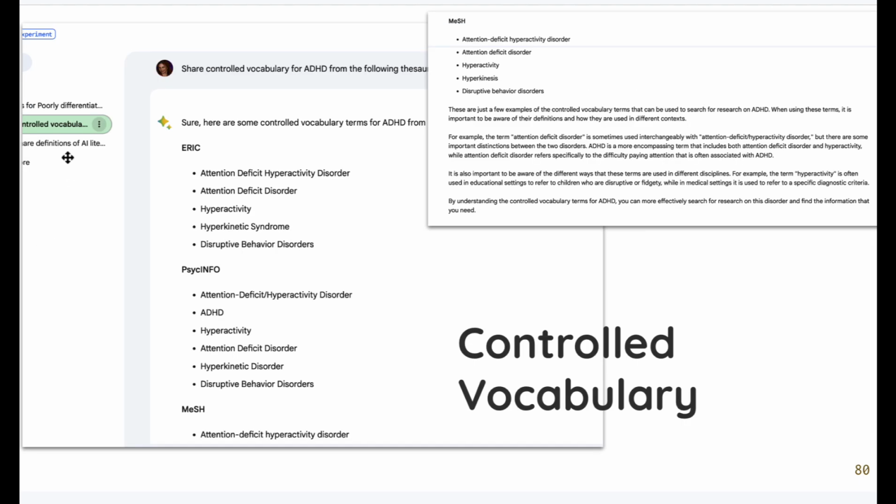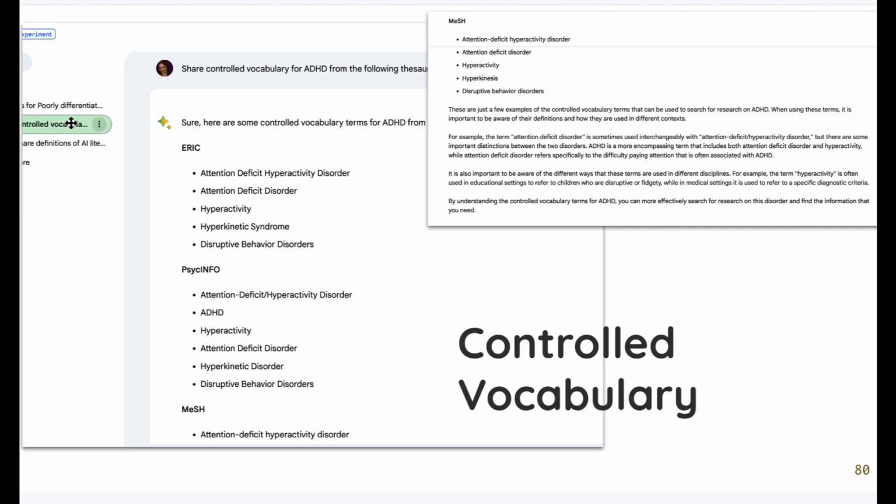I played with using generative AI, in this case Gemini, for a controlled vocabulary. So I was looking for vocabulary in the various thesauri, ERIC, PsycInfo, and MeSH, for ADHD. And yes, there was a variation across them.